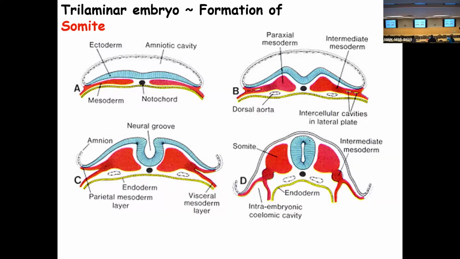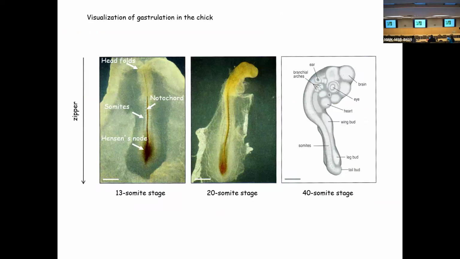This is one ball here. Let me see if I can give you, yeah. For example, in this picture of a chick embryo, you could see all these balls here next to the notochord. This has been stained for the notochord, and next to them you have a sequence of balls here.